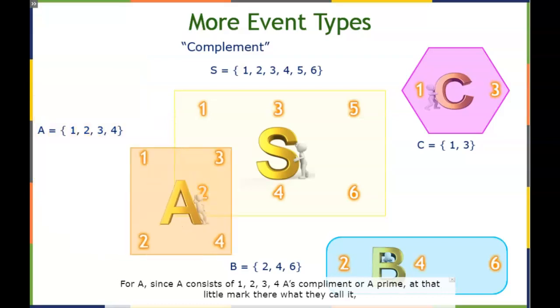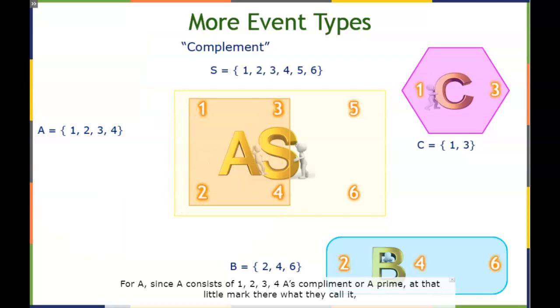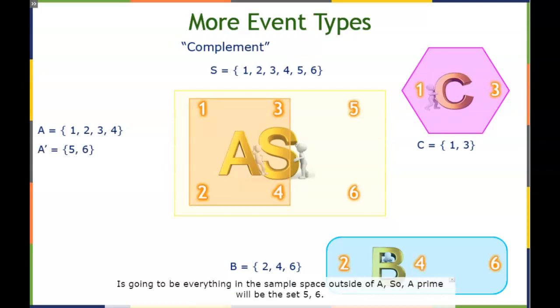For A, since A consists of 1, 2, 3, 4, A's complement, or A prime, that's that little mark there, what we call it, is going to be everything in the sample space outside of A. So A prime will be the set 5, 6.